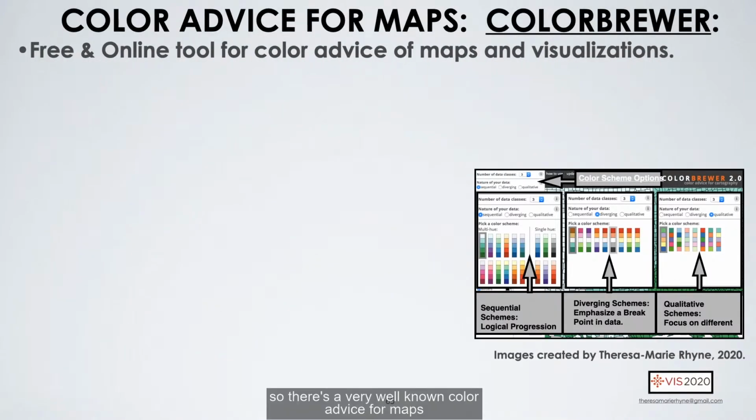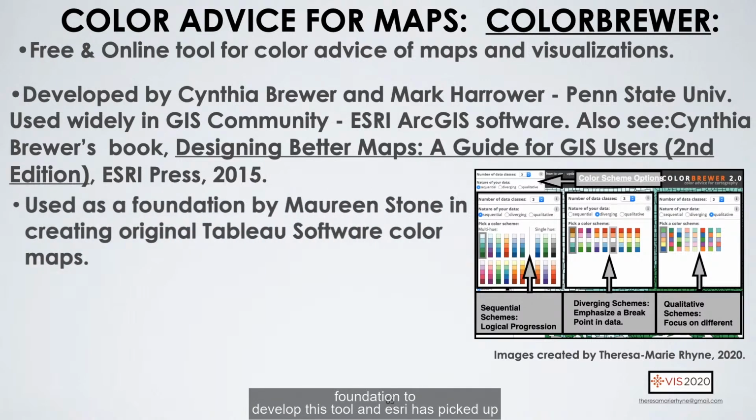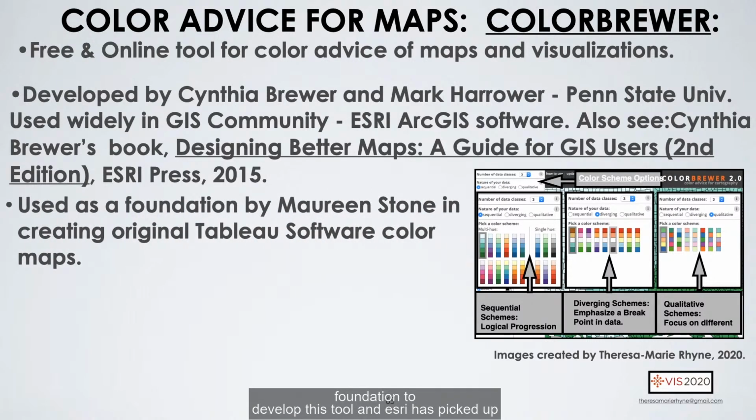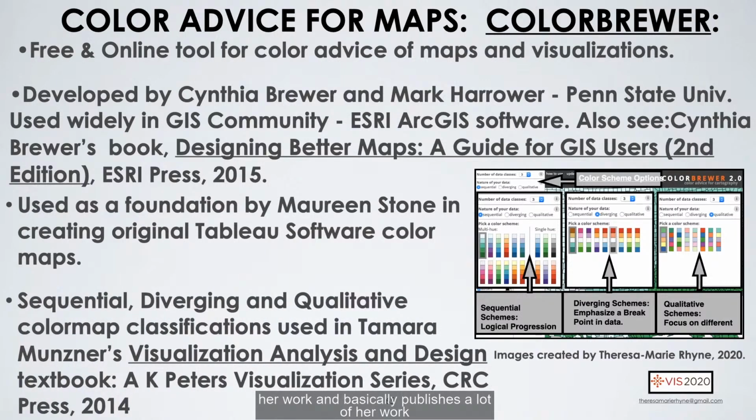So there's a very well-known color advice for maps tool called ColorBrewer, and I'm going to assume that many of you have used it. Cynthia Brewer and Mark Harrower were the first ones to publish and develop this particular tool. Brewer got funding. She's an amazing geographer. She got funding from the National Science Foundation to develop this tool, and ESRI has picked up her work and basically publishes a lot of it.